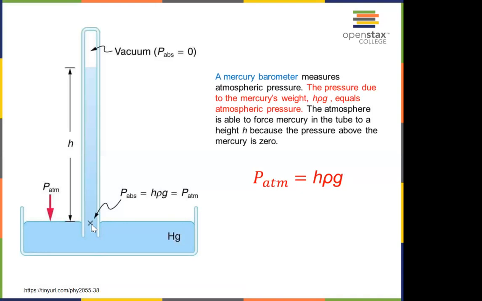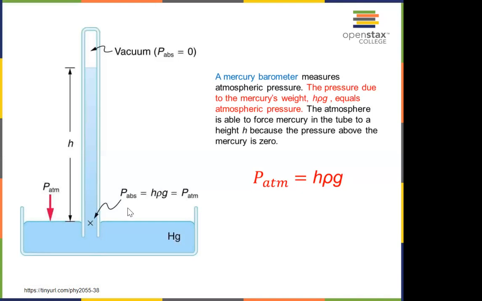You can derive that the pressure should be equal to rho g h, just like what we derived a couple of times earlier, because this is liquid. It depends on the height of the liquid above it. So rho g h will be the pressure over here.